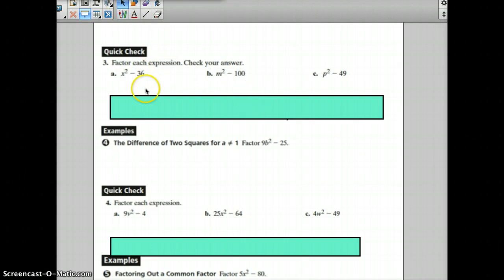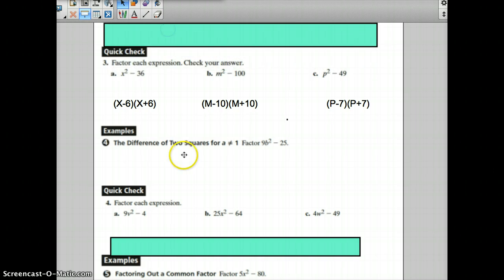And again, notice how your b value is not here. It is canceled out because our outers and inners have done that for us. Now, with something like example 4 here, we still have two squares, and it's the difference of two squares. But now we have to think about the fact that we don't just have an m for both terms, but we have a 3b for both of these terms.